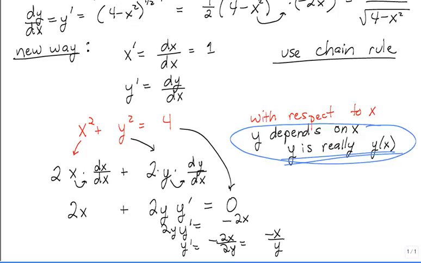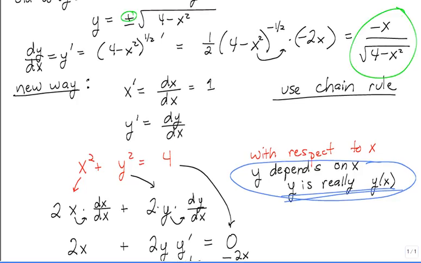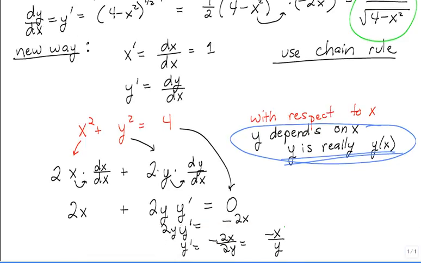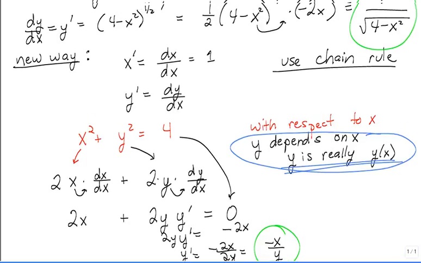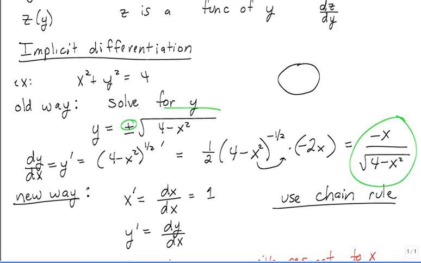Now does that right there look anything like our other answer? Remember, our answer is this in terms of x. Here we have an answer in terms of x and y. But yeah, that's the same, because remember what y is equal to. Remember up here we solved for y. Okay, let's go back. And we took the plus. So y is equal to the square root of 4 minus x squared.